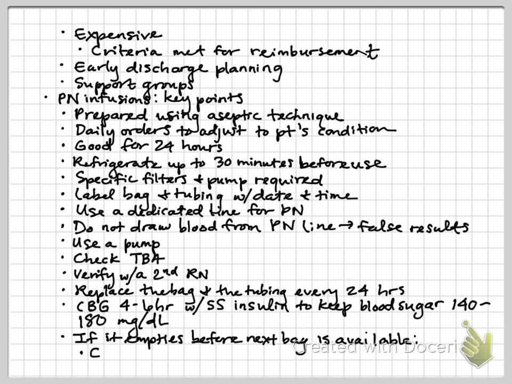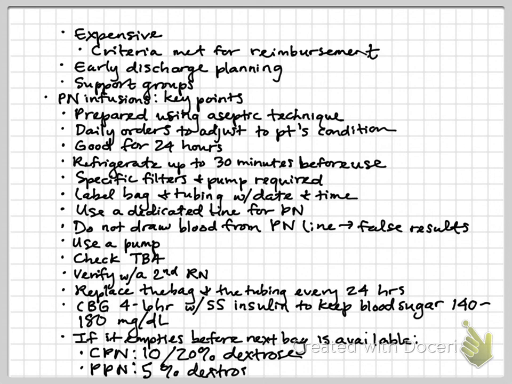For CPN, you're going to use a 10 or 20% dextrose fluid to replace it until you can get that bag. If it's a peripheral parenteral nutrition, we're going to use a 5% dextrose solution to hold them over until we can get the new TPN on there.